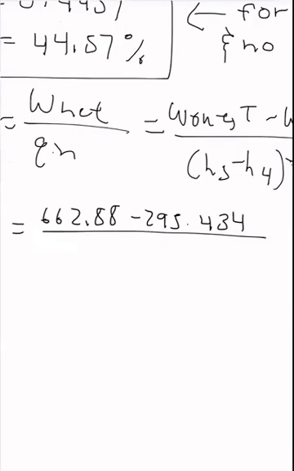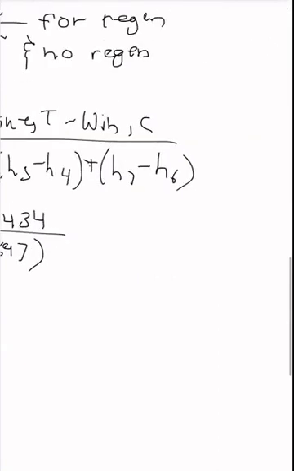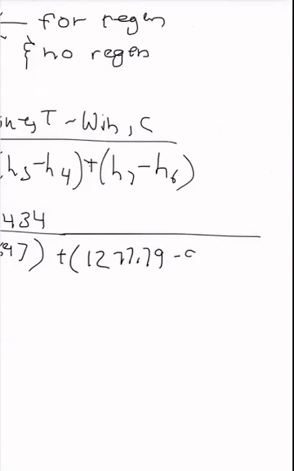So then we have these, and then 1277.79 minus 548.697, and then plus 1277.79 minus 946.35.